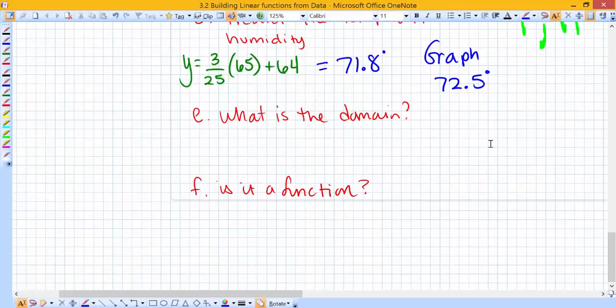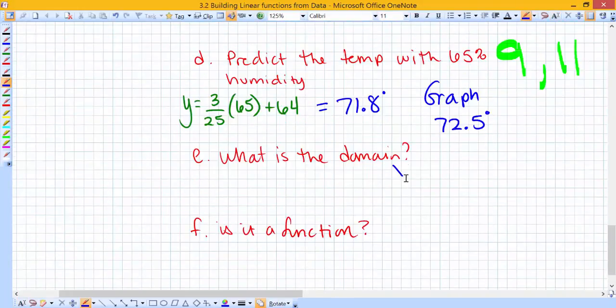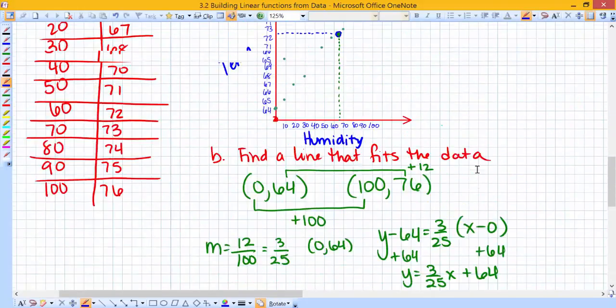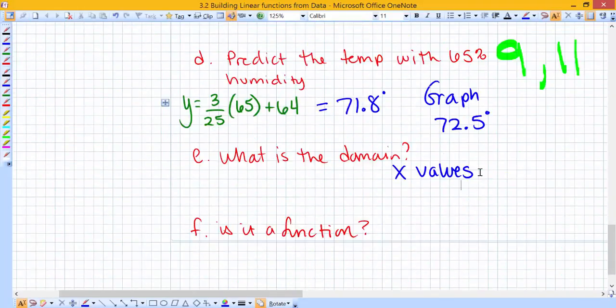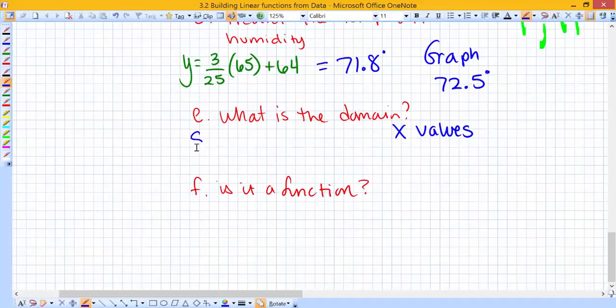Okay, the last two, domain. Don't forget, domain are the x values. So I'm going to look here. Now, my domain is the x, which is humidity. And since it's a percent, it can only go from 0 to 100. In reality, it's 0 to 100%.